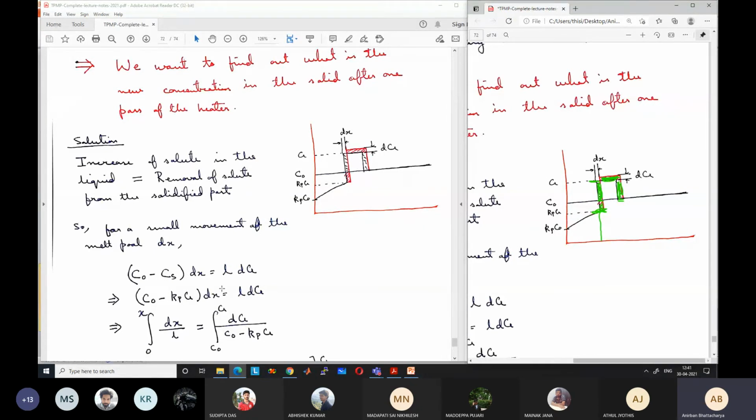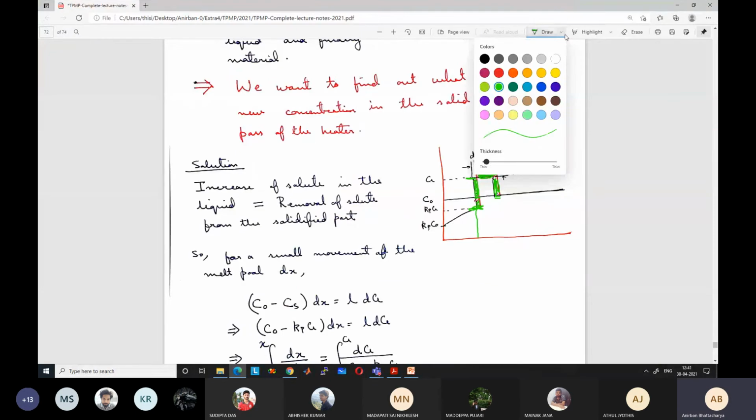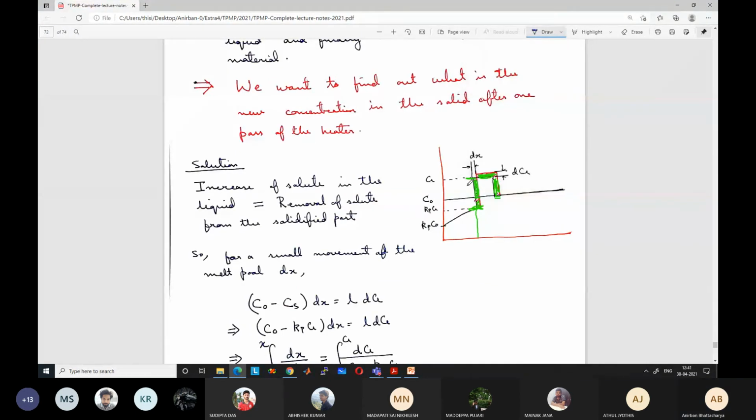In case you are confused which areas we are equating, one area is L into dCl. This is equal to this area. Why are we equating these two areas?